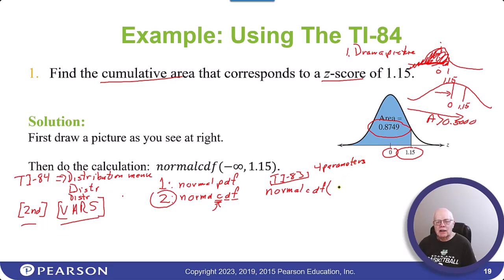The first one is the lower bound, LB, lower bound. That's going to be where you want the calculator to start adding up the area. The second parameter or option is called UB, or the upper bound.